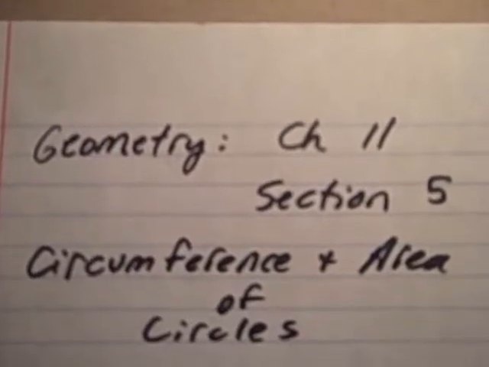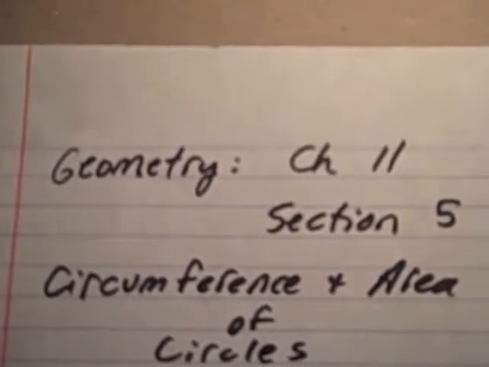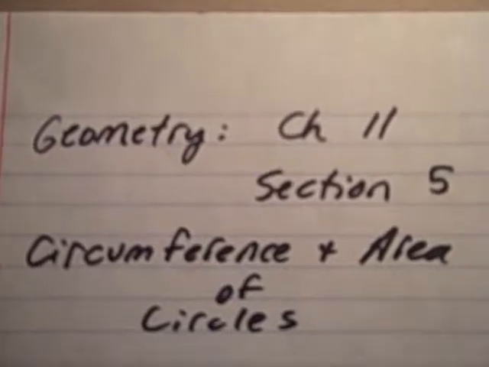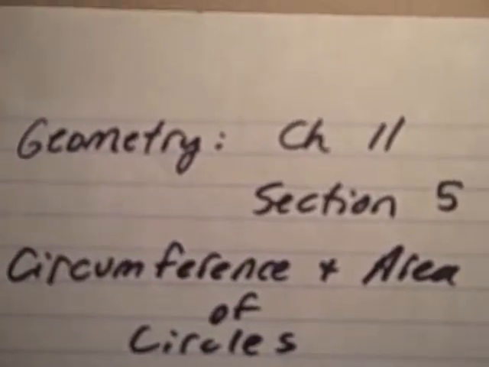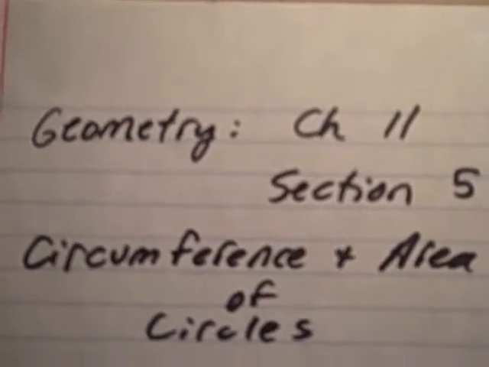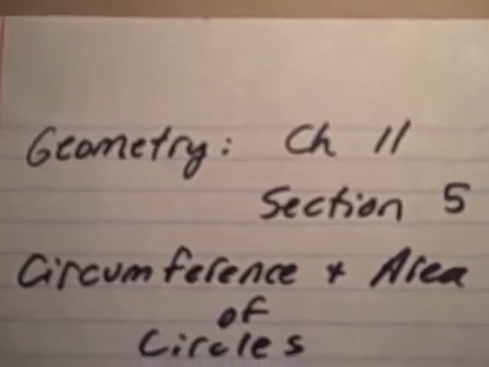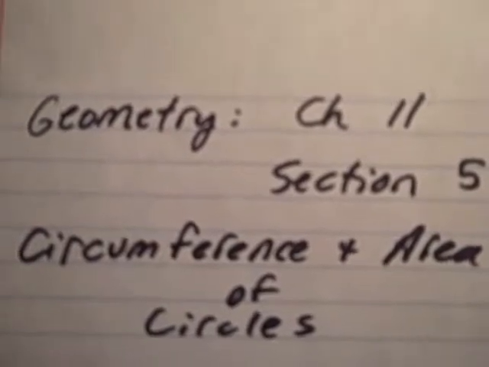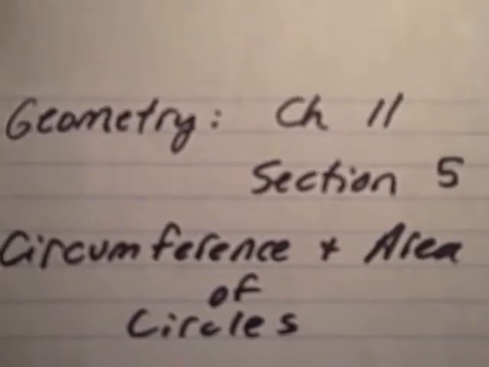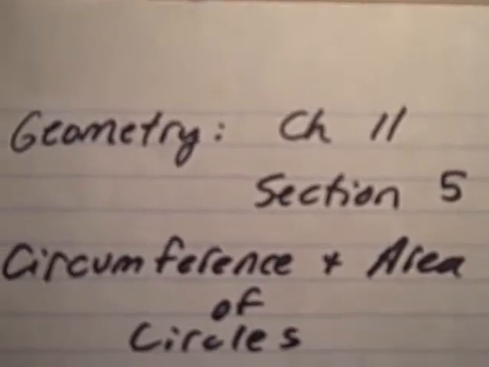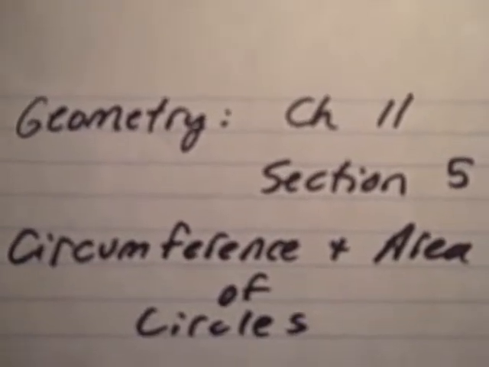Imagine, if you will, a round rug. The material that makes up the rug represents the area, or the region of the floor covered by the round rug, which is the area of a circle. The edge of the rug is the circumference.